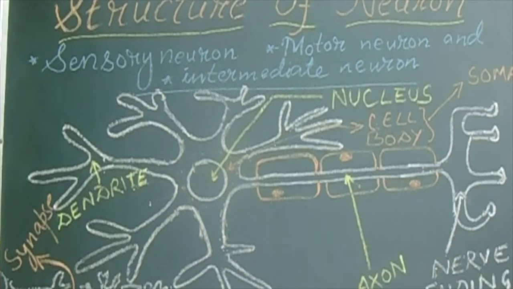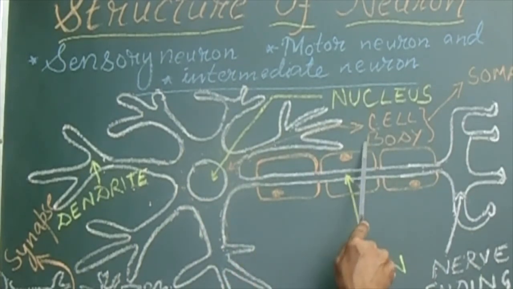It receives chemical signals from the axon terminal of another neuron. It converts these signals into small electric impulses and transmits them inward, to the cell body or soma.